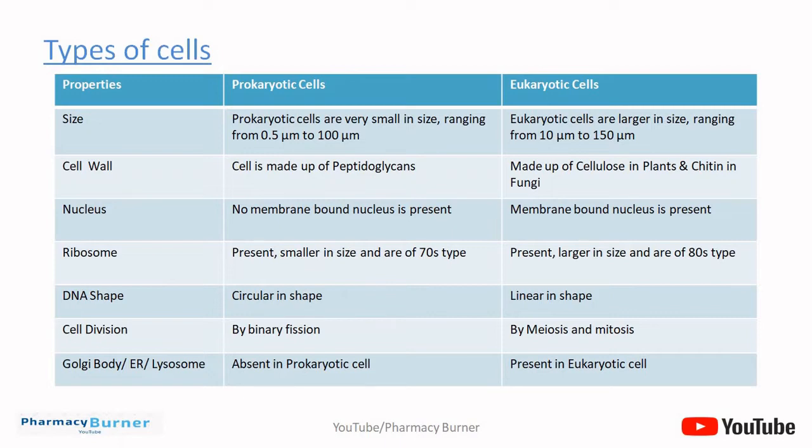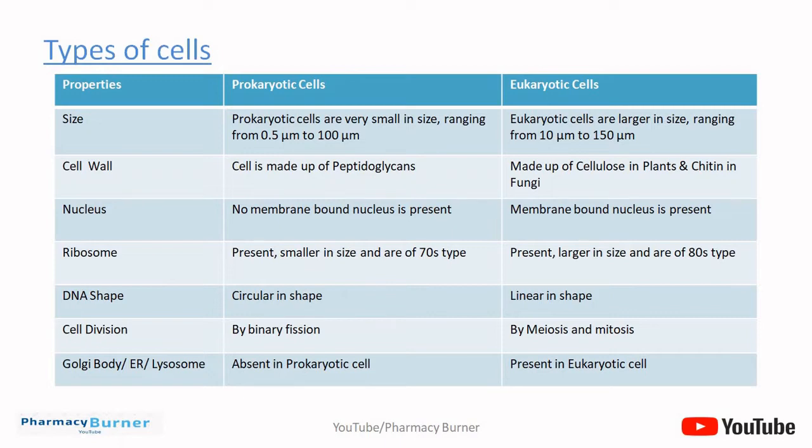Next is nucleus. In prokaryotic cells, no membrane-bound nucleus is present, while in eukaryotic cells, a membrane-bound nucleus is present. Next is ribosome.